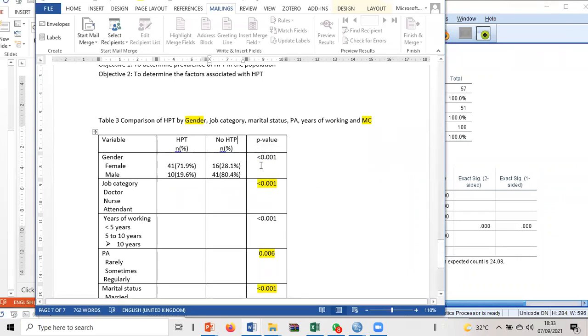How are they associated? 71.9% of females are hypertensive compared to only about 19% among the males. So females are more likely to be hypertensive.